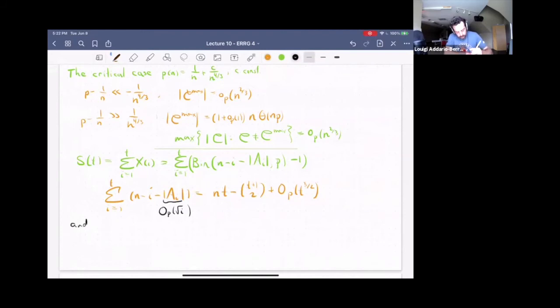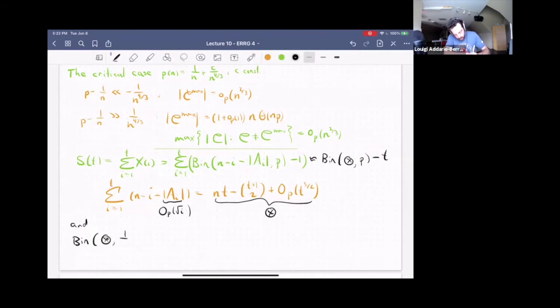Let me call this thing star. Then a sum of binomials looks like another binomial. So I can think of this whole thing as a binomial whose parameters are star and p, minus, there's a -1 at each step, so I need to subtract t. So what does a binomial like that look like?